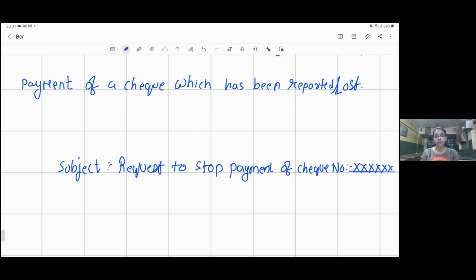What you all have written in the subject, continue it down: issued against our company. Bank account number 123, then put a small hyphen, 456-789.